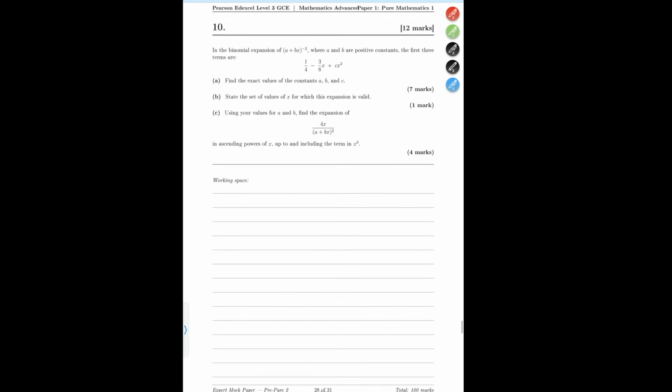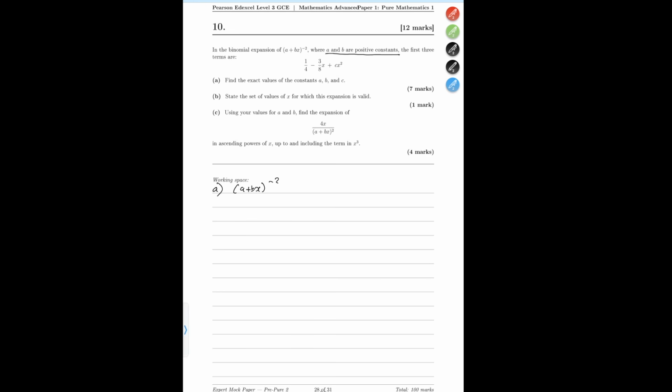Now we can move on to the last question of our paper, which is a binomial expansion. So you can pause it here if you want to have a go, and let's get started going through this question. So we've got the binomial expansion of a plus bx to the power of minus 2, and we've been given the first 3 terms of the expansion, and we know that the constants are positive.